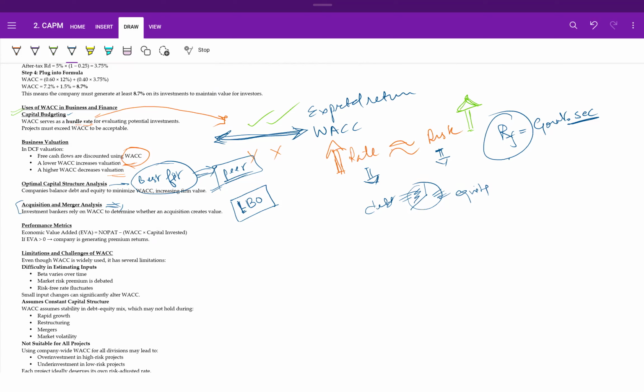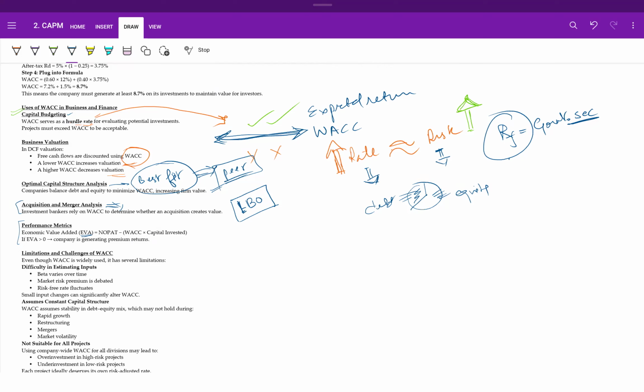Okay, so let's talk about performance analysis, performance metric. Weighted average cost of capital also works as a performance metric, to calculate the economic value added of a project. If the economic value added of the project is greater than zero, this means the project has generated premium returns.